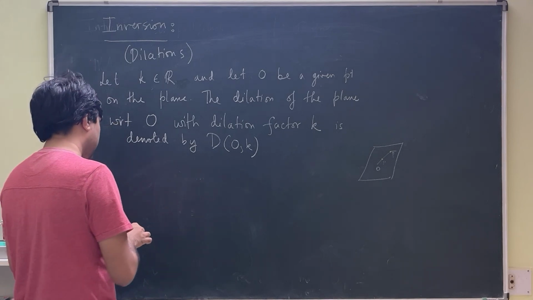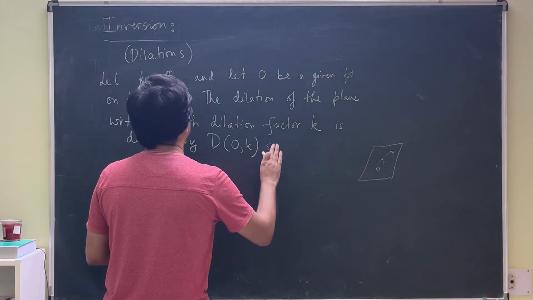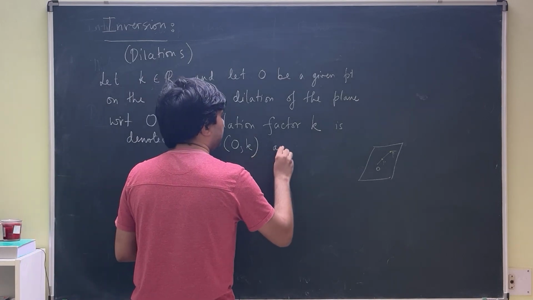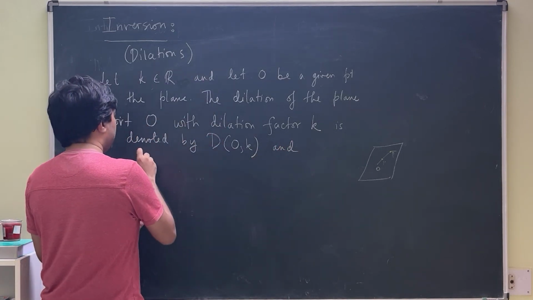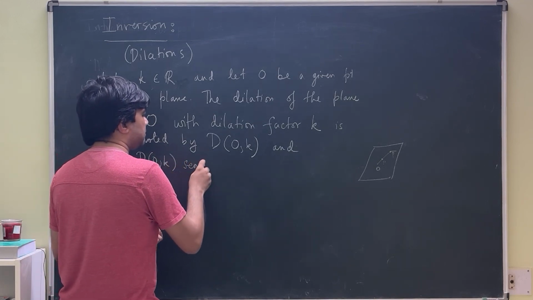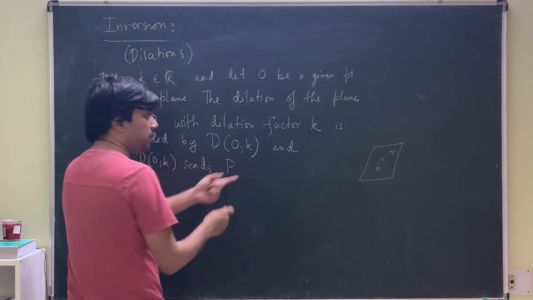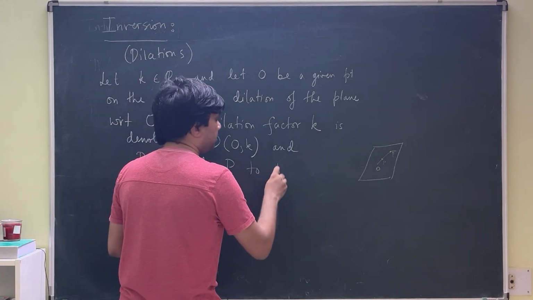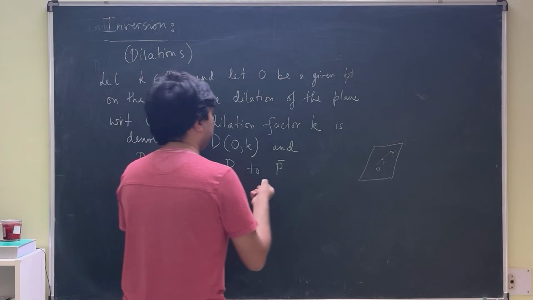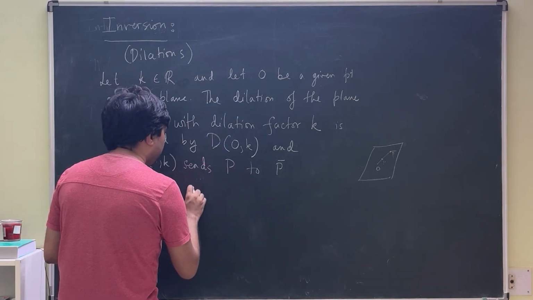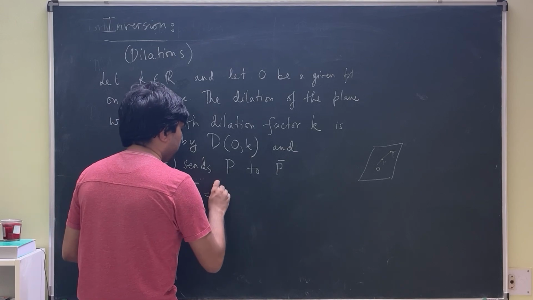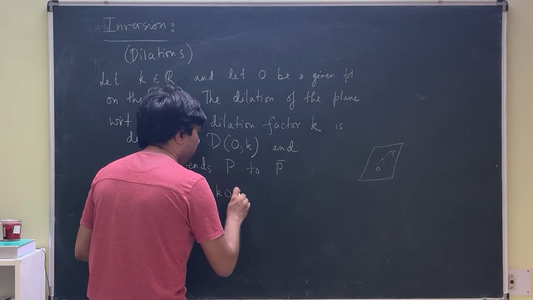I have to tell you. d of O comma k sends a point P on the plane to P bar, where the relation is the following: OP bar equals k times OP.